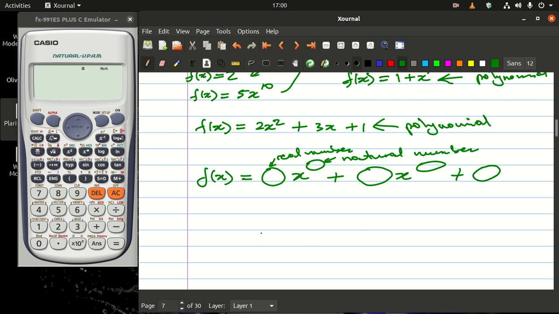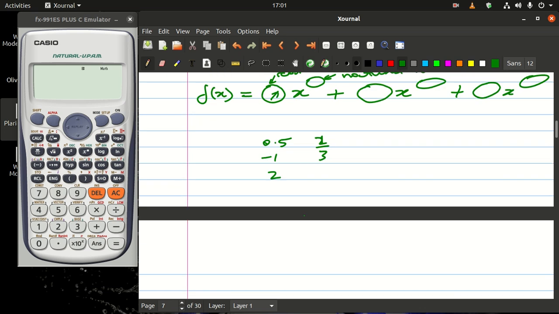A real number can be 0.5, it can be -1, it can be 2, it can be 2 over 3. As long as here we have a real number, which is a constant, and here we have counting numbers 1, 2, 3, 4, 5. Same thing here, you are adding these things up, then we have a polynomial.